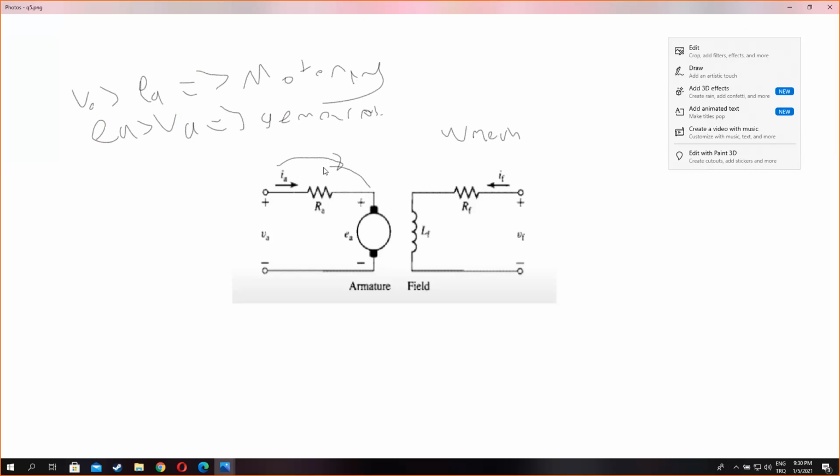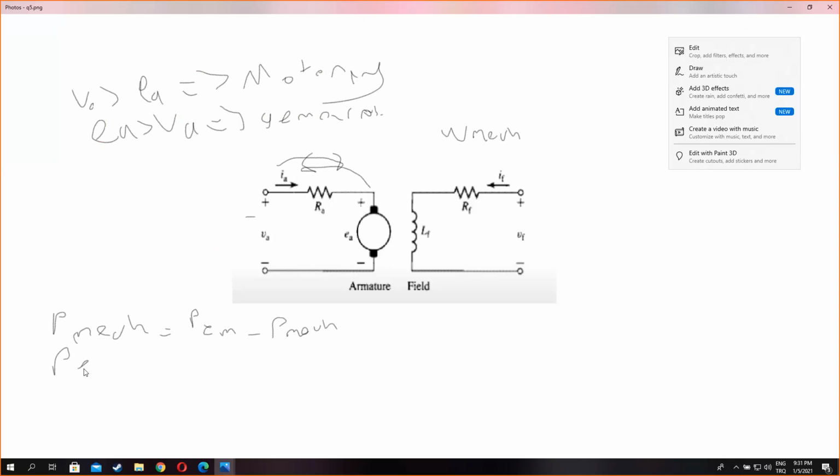So if the current will be flowing through the terminals of this, in other words, P mechanical is equal to PEM minus P mechanical losses.